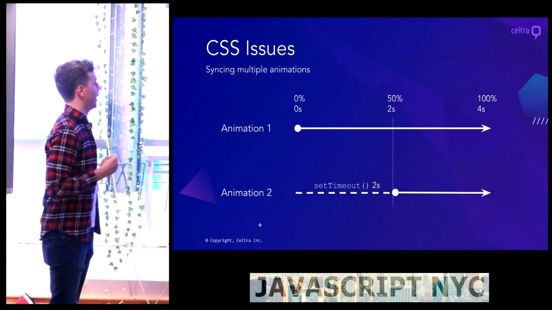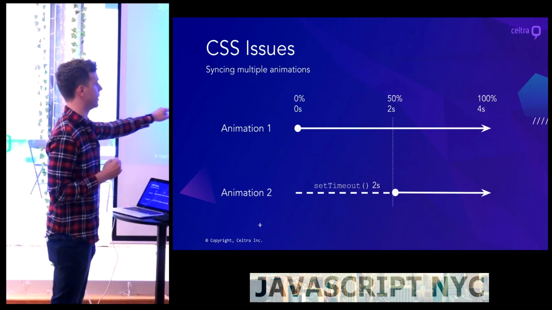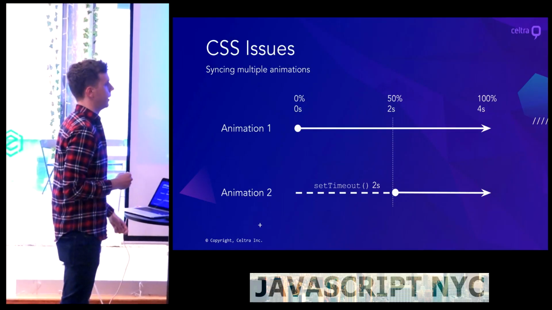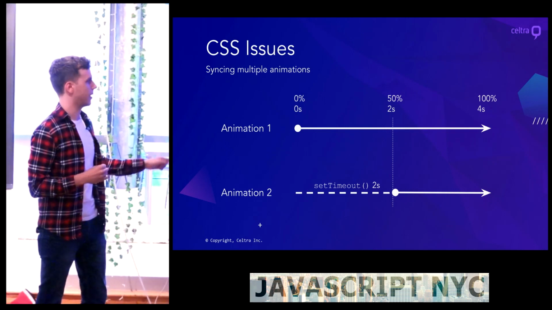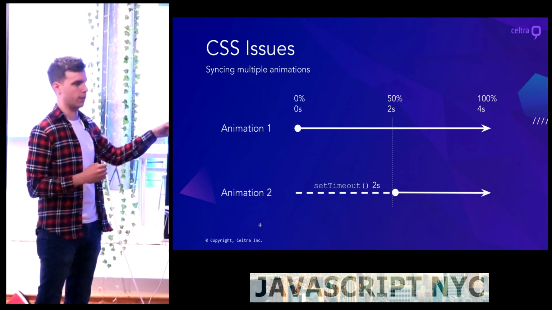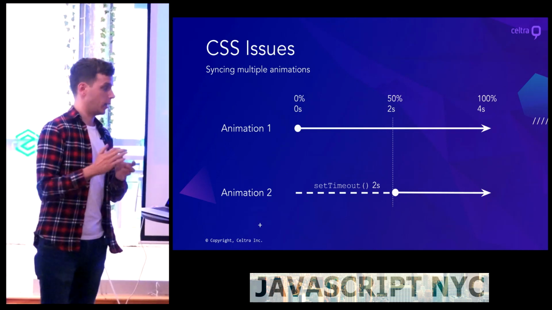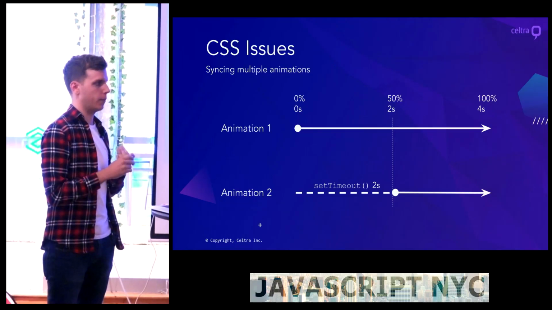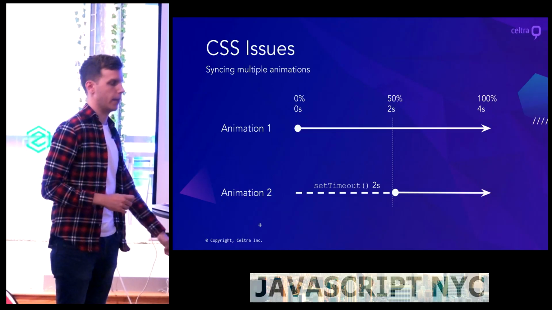And again, when we start the second animation, the same thing can happen there. We can also get a delayed start for the second animation, and we wouldn't know anything about it if we use CSS keyframes animations, okay?